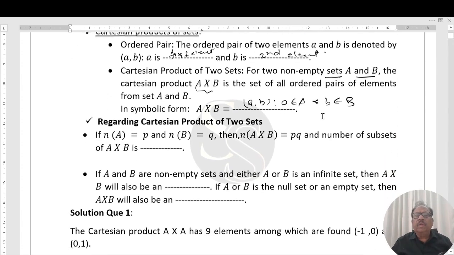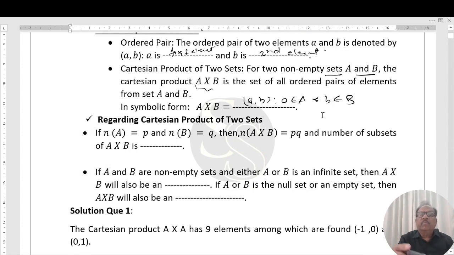Next, regarding Cartesian product of two sets. If the number of elements in set A is p, and the number of elements in set B is q, then A cross B will have p into q elements, the product of the number of elements of both. And the number of subsets will be 2 to the power pq.